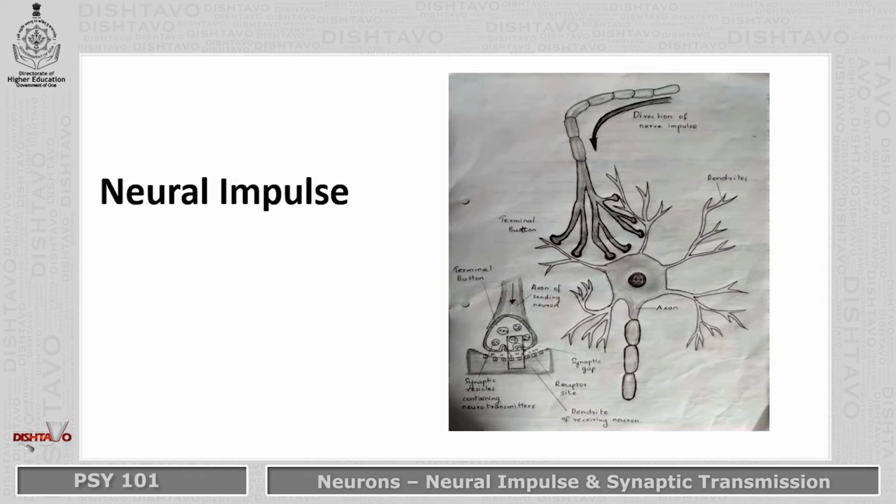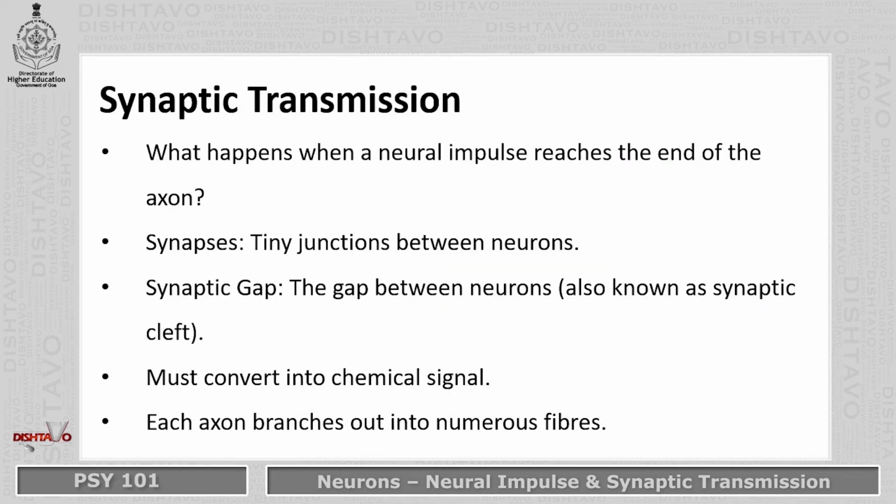You see that the axon is divided into fibers, and at the end of each fiber, there is a terminal, a button that consists of a synaptic sac which contains neurotransmitters that are responsible for converting the electrical impulse to a chemical impulse.